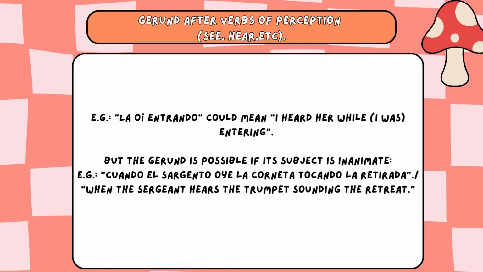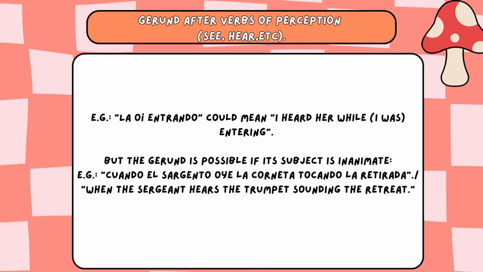Then we have oír, hear, which may take a gerund, but prefers either the infinitive or the construction with que and a finite verb. The infinitive is the safest option for foreign learners. A gerund could be taken to refer to the subject of the main verb.